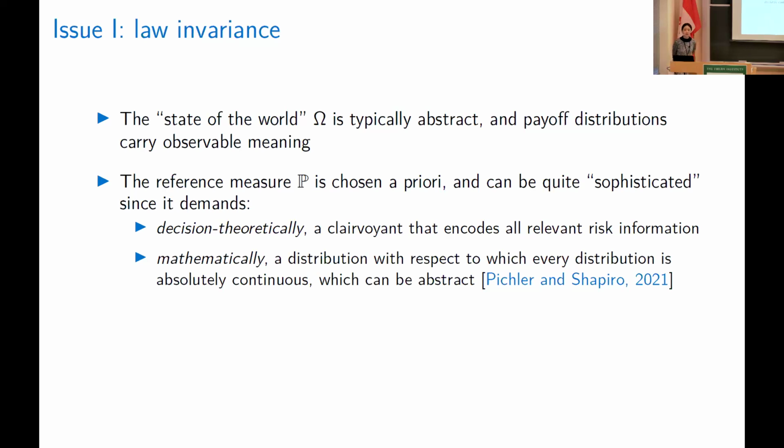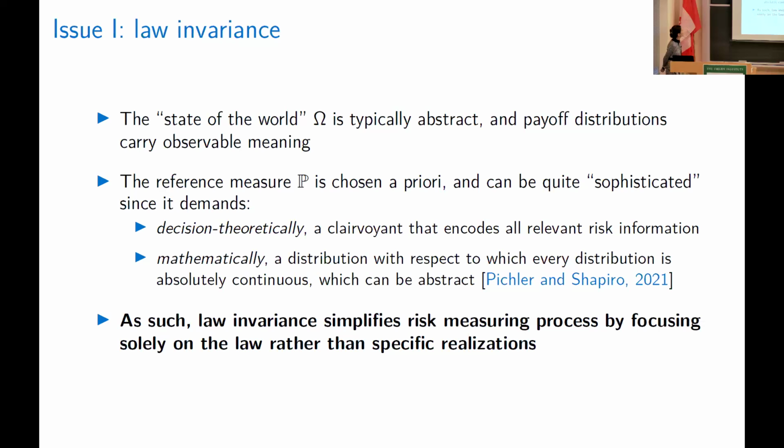So mathematically speaking, every distribution on this space should be absolutely continuous with respect to it, right? Such a P could be very abstract. However, the law invariance property helps us simplify the risk measuring process by focusing only on the law instead of the specific realizations. So in theory, it gives us a very clear result.